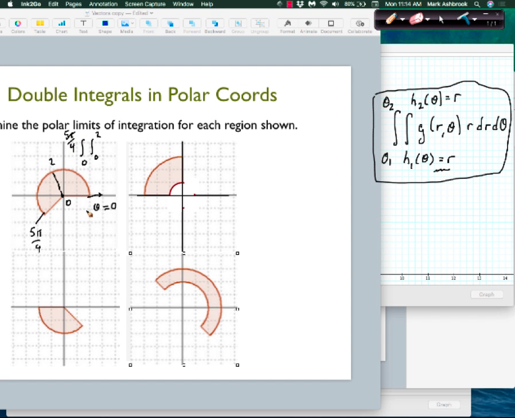Does it make sense? Okay, how about this next one? Tasha, did you get it? 1 to 3, so r starts at 1 and ends at 3, that's right. Pi halves, our starting angle is pi halves to pi.